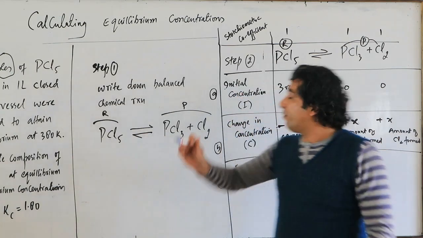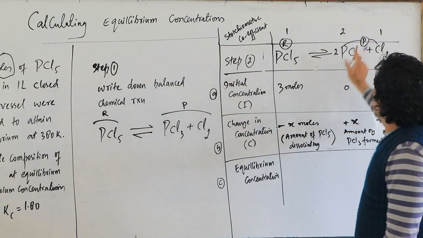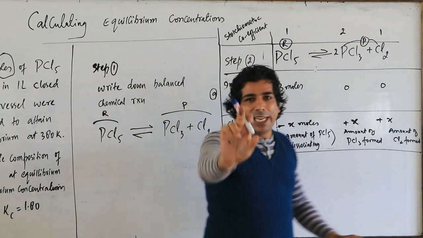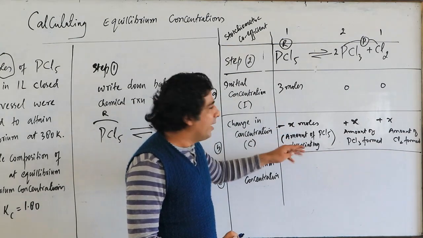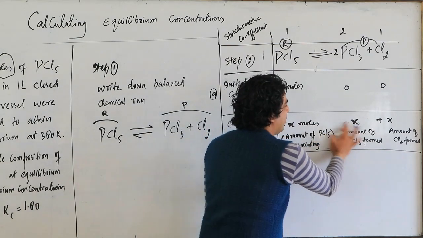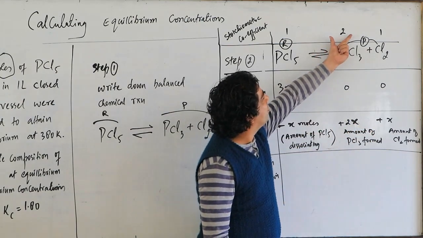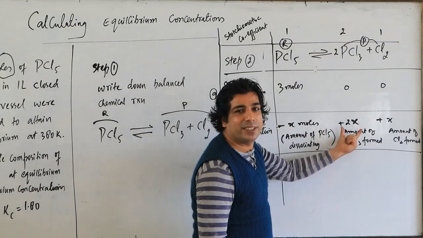Let us suppose if the ratio is, have a look here, if it is 2, try to understand, if I make it 2 for time being, then I will get it like this. If X moles are decreasing, then this one will become 2x based on this ratio. If this is 3 here, it will become 3x, my dear friends.